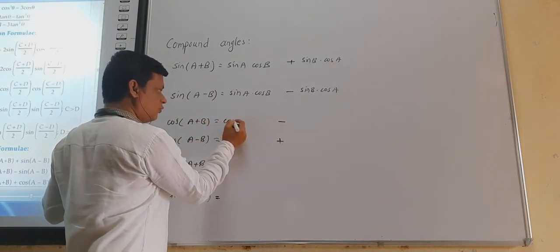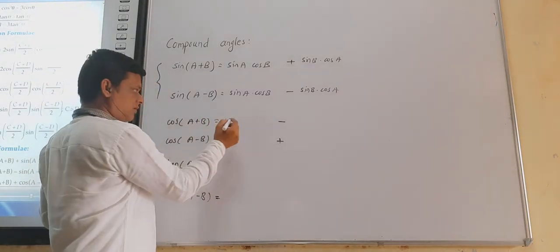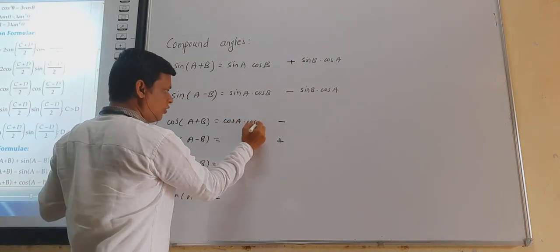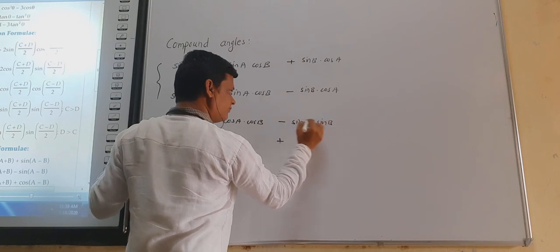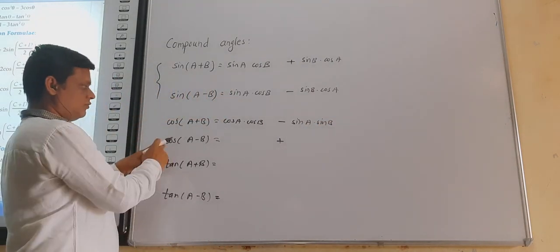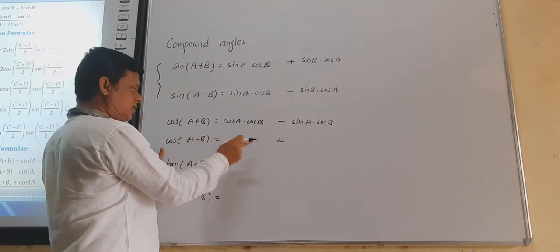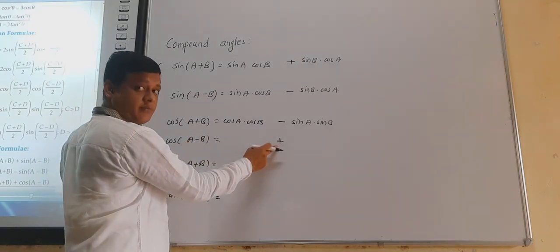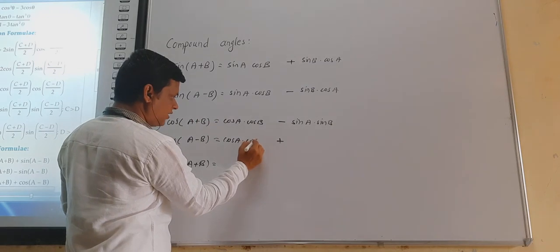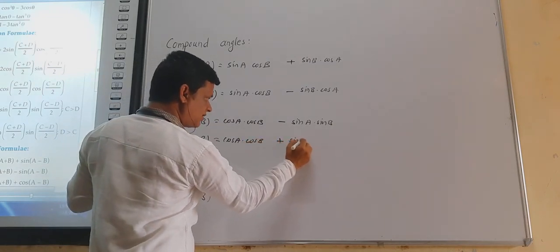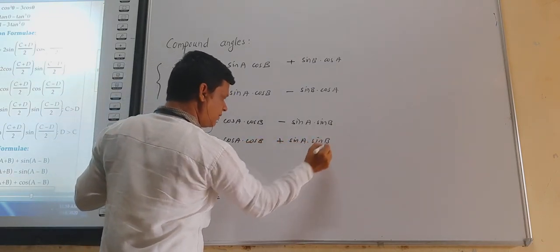In the first position we write the cos ratio first: cos A into cos B, then sin A into sin B. In the second, here it is minus, so we write plus: cos A into cos B plus sin A into sin B.